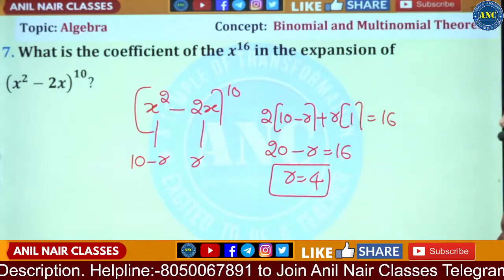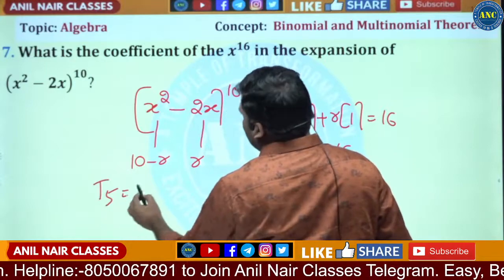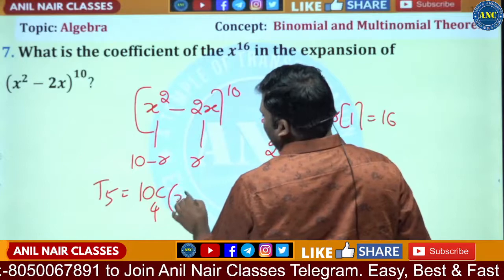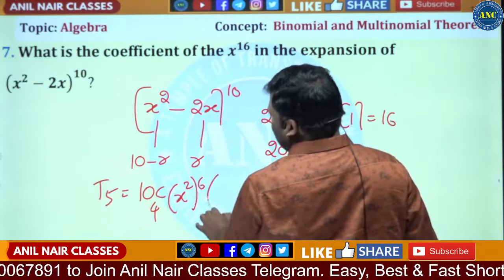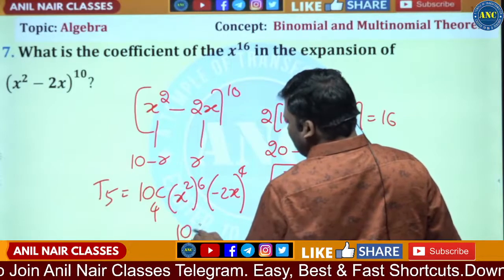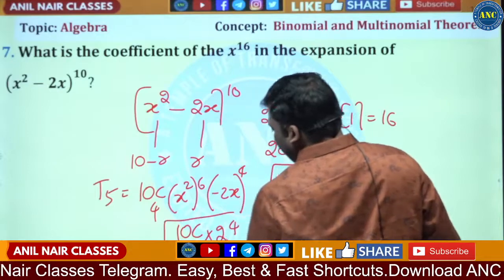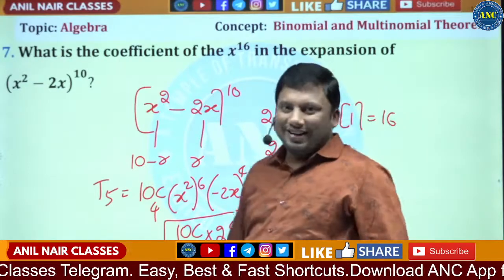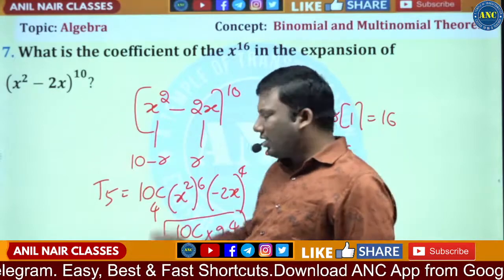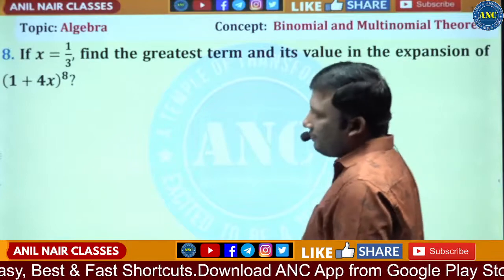So T(r plus 1) is T5. So this will be 10C4 into x square power 6 into minus 2x power 4. So the answer for this question is 10C4 into 2 power 4. Idea clear? Very easy once you understand. With a little bit of practice, you can solve the questions in less than 20-30 seconds.